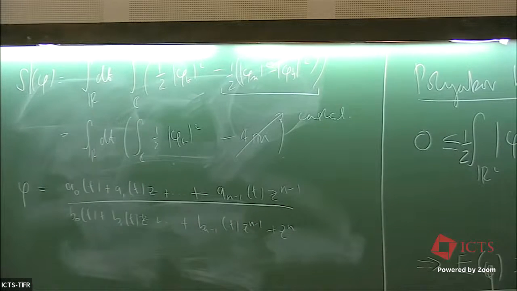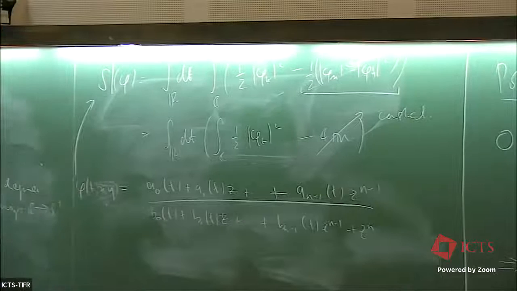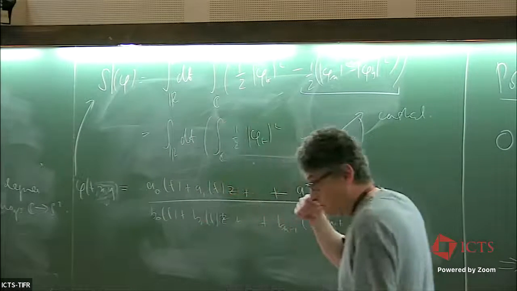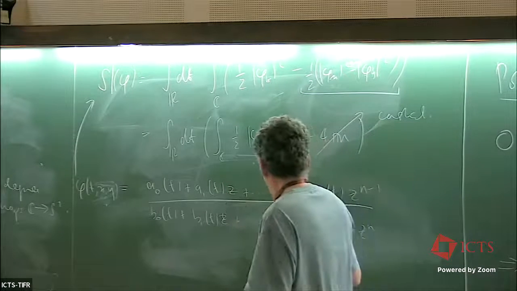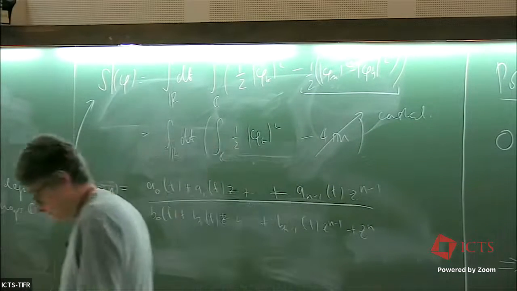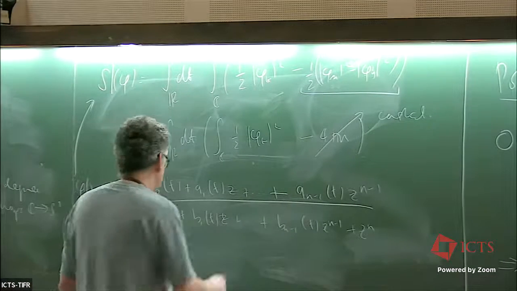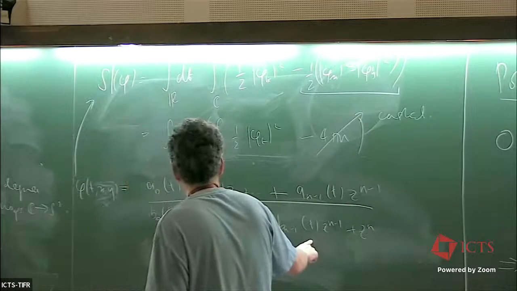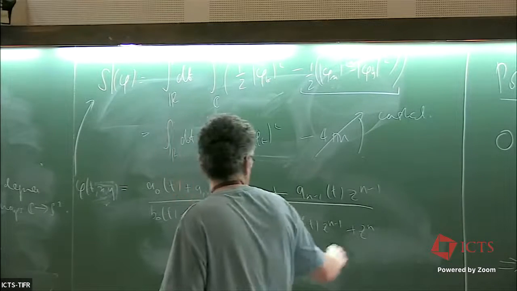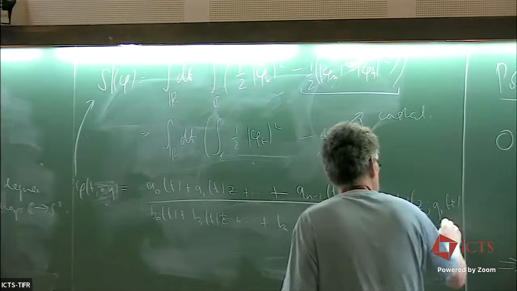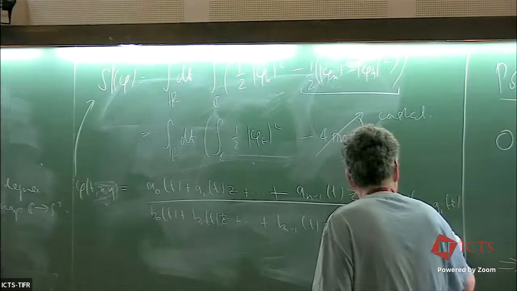That's how our field depends on time and space, and we just plug it into the action. The only things we're allowed to vary now are these complex numbers, a0 up to bn minus 1. Let's call these things collectively qi. Let's call this W of z, qi of t. So these are the a's and b's.